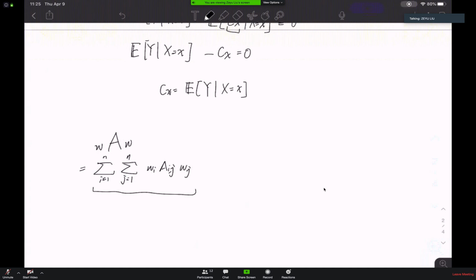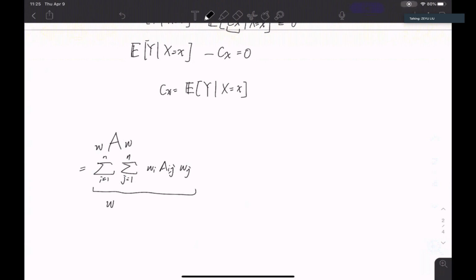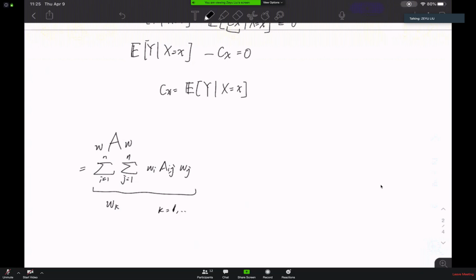And think about how you would differentiate with respect to W_i or W_k, where k ranges from 1 to n.